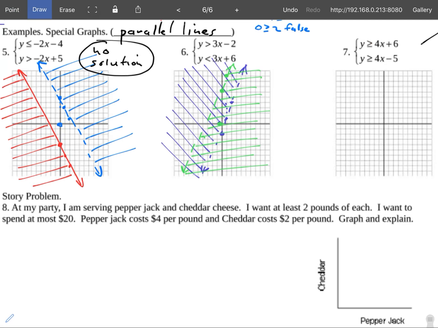So we got a y-intercept of 6. And then we need to go up 4 over 1. And then note on this one, these both have the equal to bar, so these are both solid lines. So let me draw that first one. So something like that.